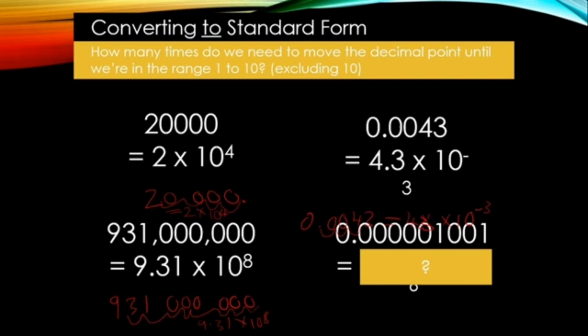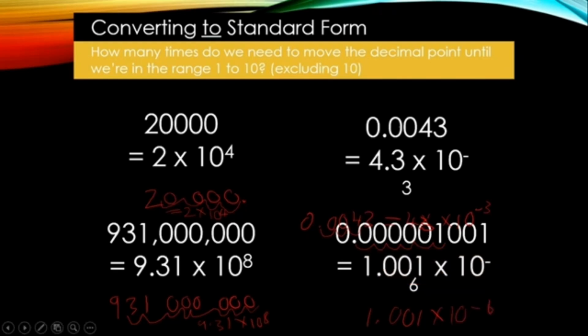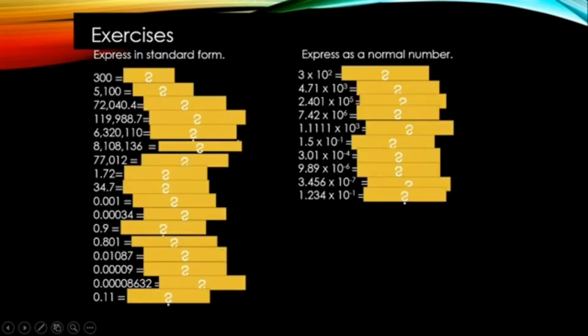Let's look at the last one. 0.00000, that long number. So here we're just going to work on it. We need to move the decimal point 1, 2, 3, 4, 5, 6. So it will be 1.001 times 10 to the power minus 6.